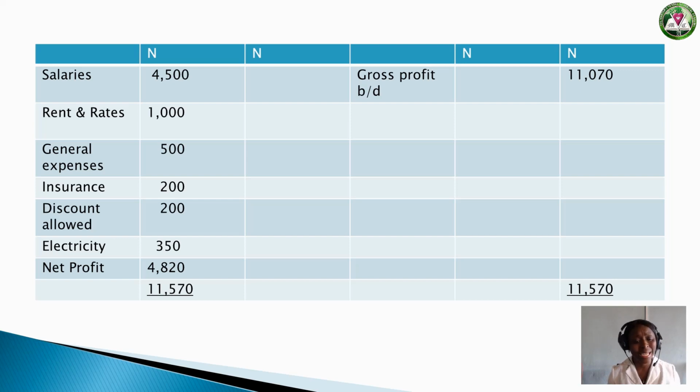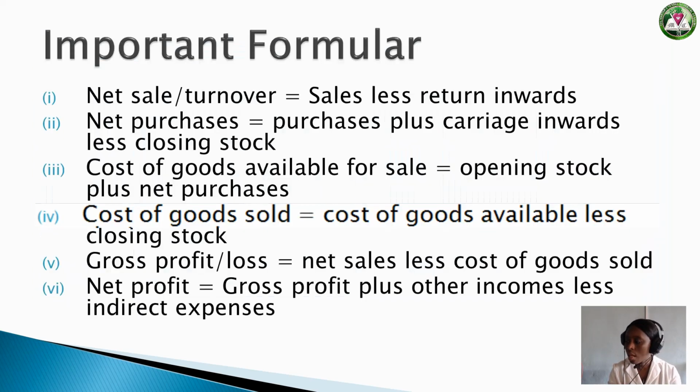The two sides are equal now. Very good. Remember, I told you there is an omission here. There is a typographic error. We did not include our discount received. So as you can see, that is the way we determined our gross profit and our net profit.